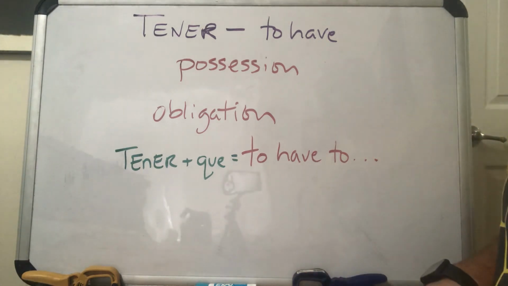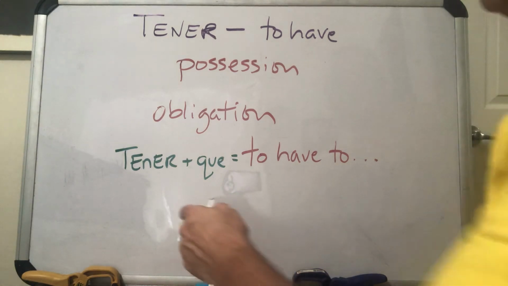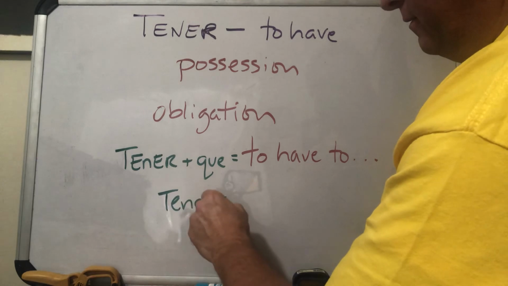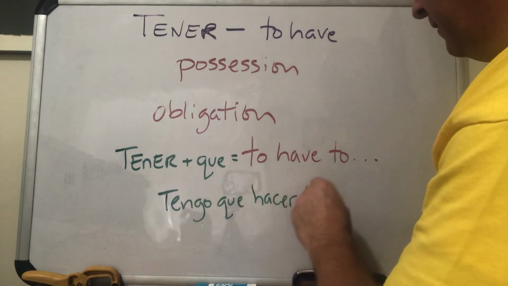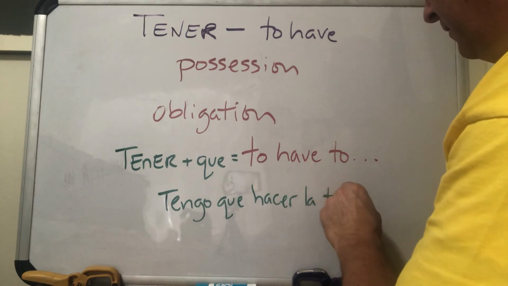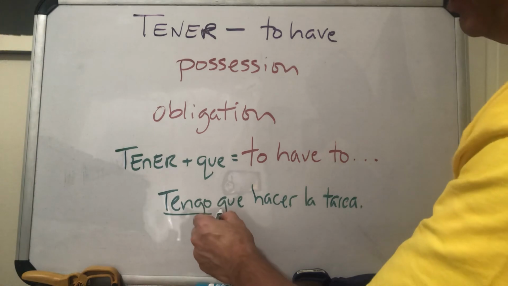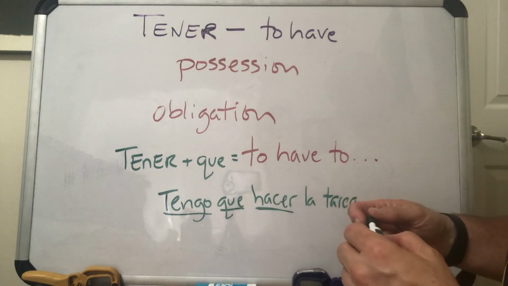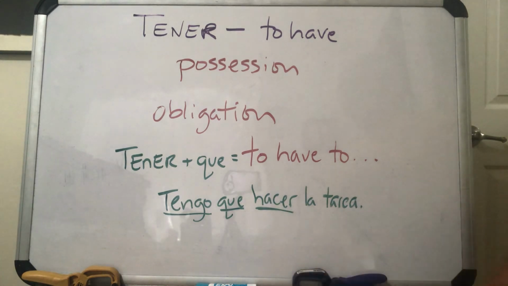But once you add que, and then you put in a verb, like let's say I have to do the homework, you would say, tengo que hacer la tarea. Okay? So this creates the obligation, and then we just leave that alone. You leave that as an infinitive. I have to do the homework. Okay? All right. I think that's about it. That's the verb tener.